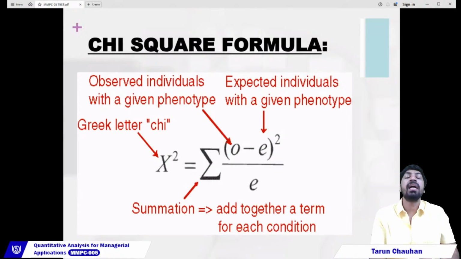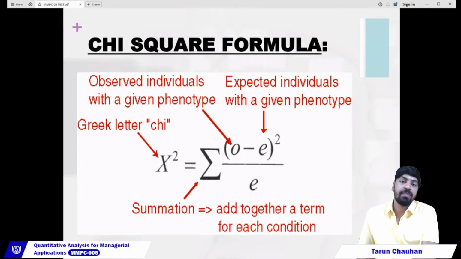This is the mathematical formula, which is called chi-square, in the Greek letter, x square, equal to summation. O stands for observed frequency, or the observed individual with the given phenotype, that means the frequencies with respect to the one variable.